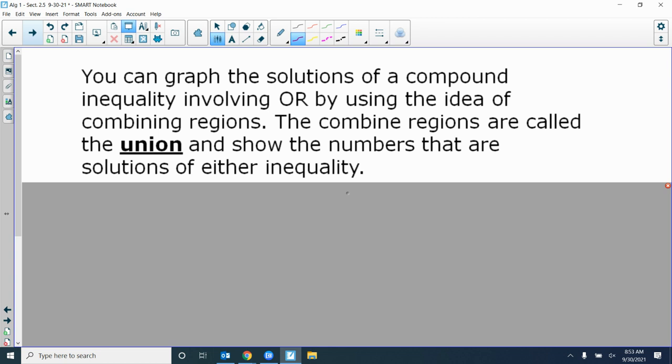So what if it said you had to work 35 years and be 60 years old? Or it said work 35 years or be 60 years old. Are those the same or different? Different.